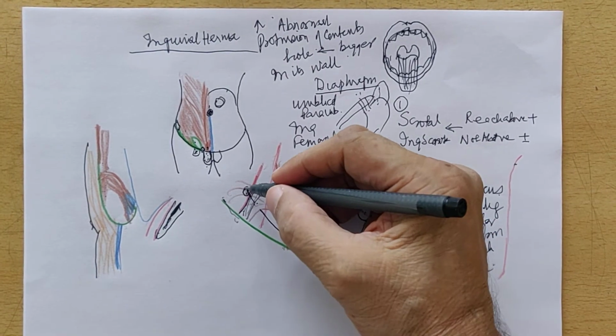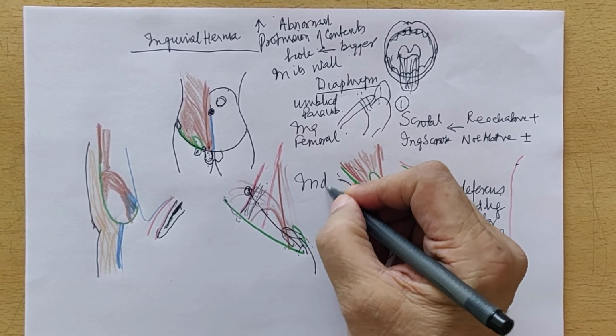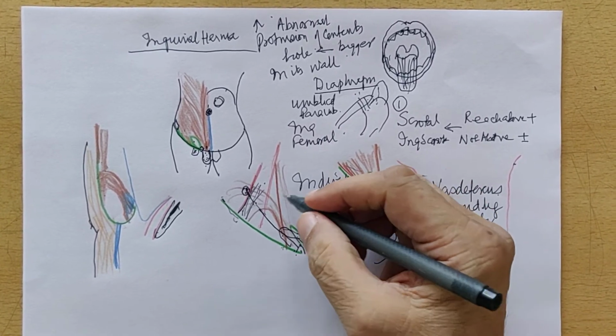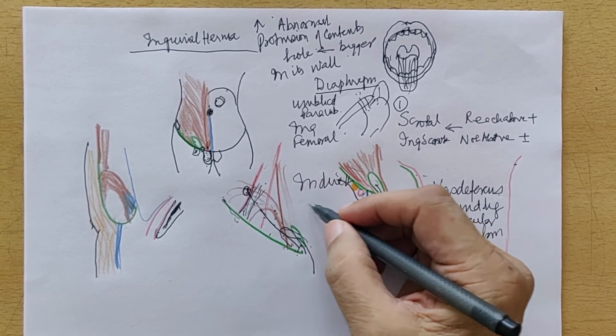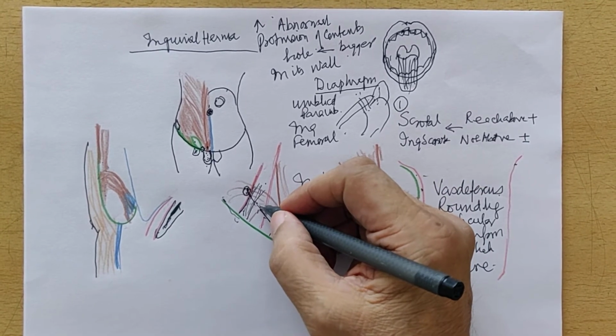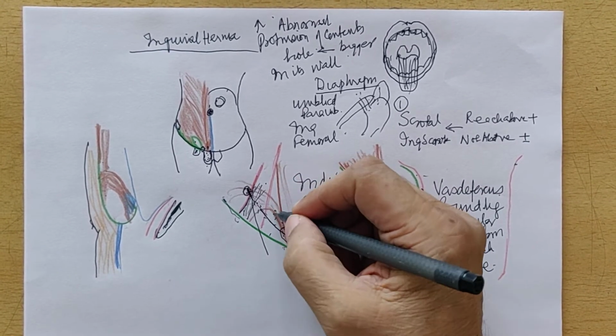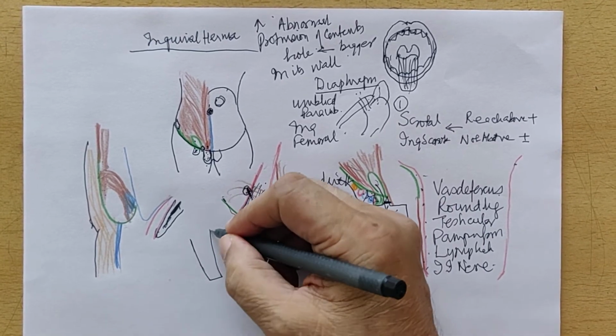So the hernia can occur through the deep inguinal ring, when it will be called indirect. It can occur through the wall here, when it will be called direct. And there is a third type of hernia which is both indirect and direct, called pantaloon hernia.